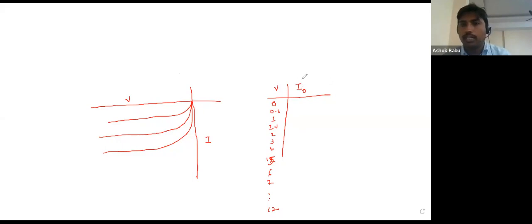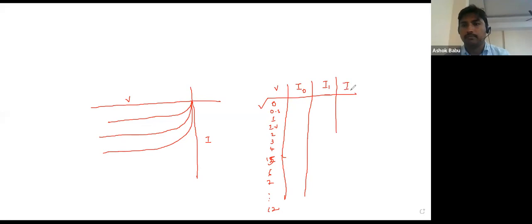For the particular intensity, there is no particular rule to keep that intensity. So take one intensity and note down the current values for this voltage. After that, by taking the same potential, observe the current values for another intensity. So repeat the experiment for at least 3 intensities.